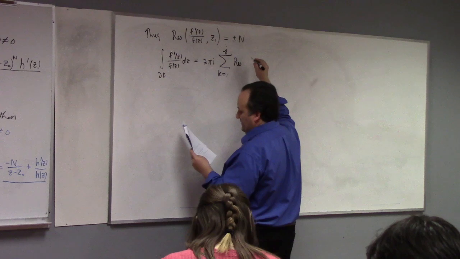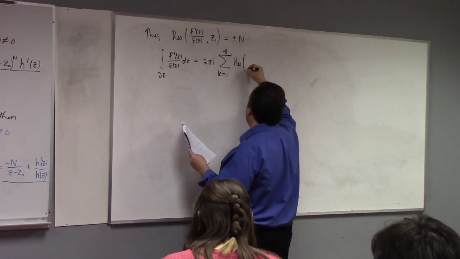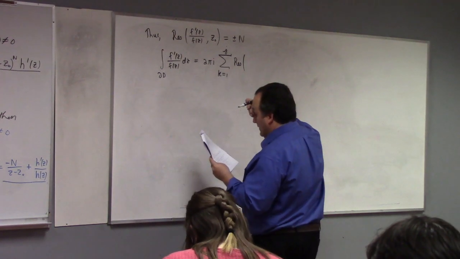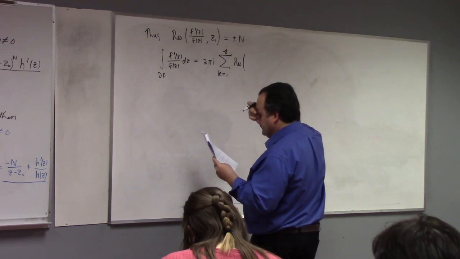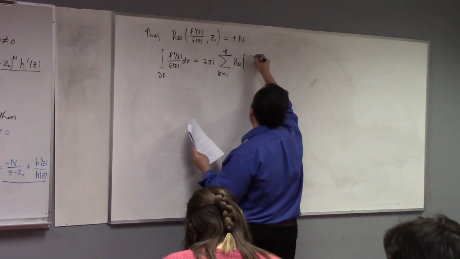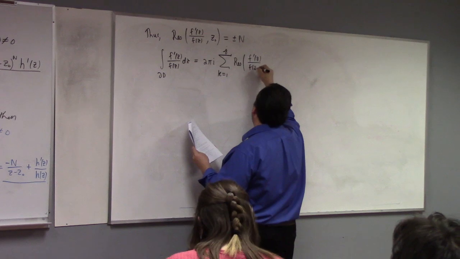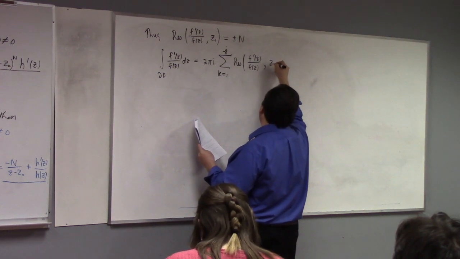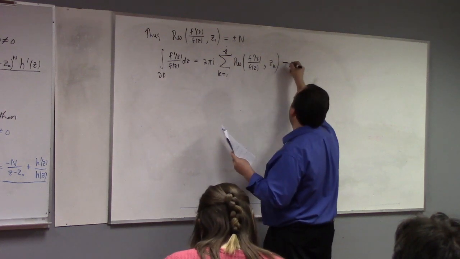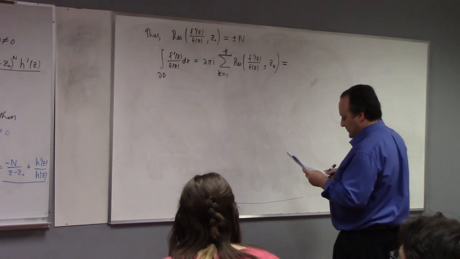Well, I guess it's not the number of isolated singularities, it's the number of z sub k here. Well, you guys tell me, what should z sub k be here? My notes have a z naught there.